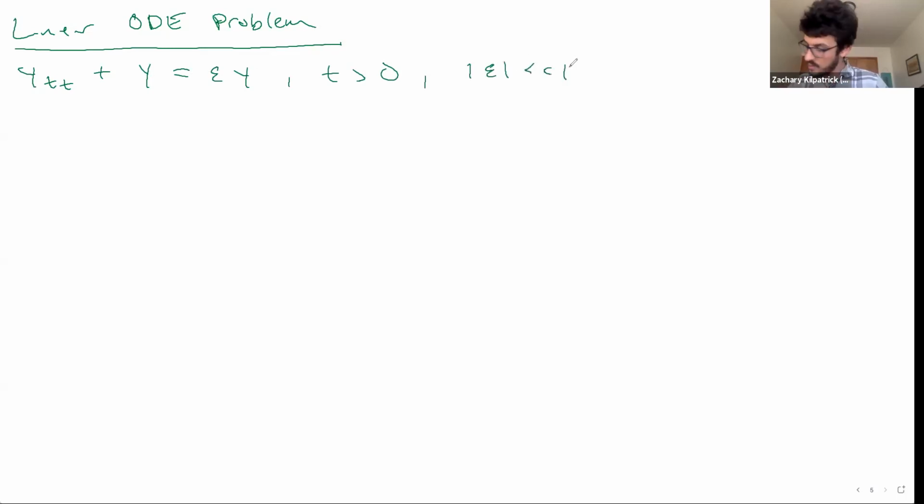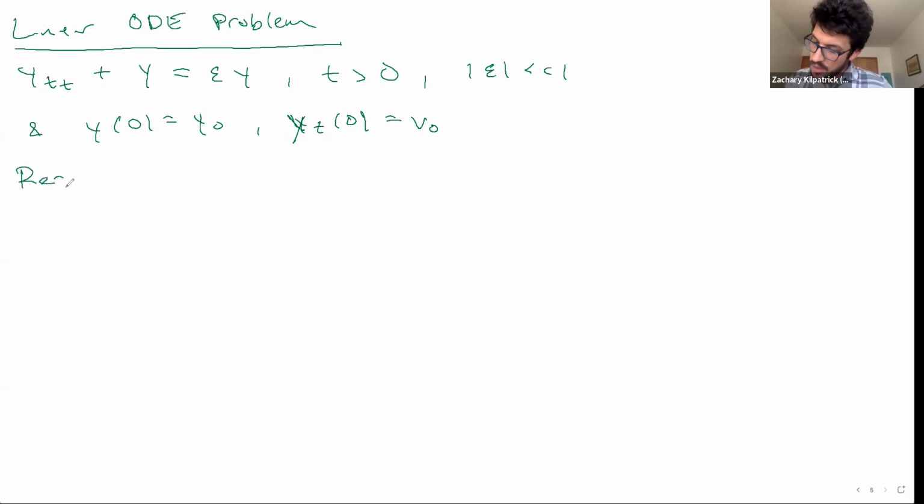Epsilon is small, okay? And some initial conditions, y of 0 equals y sub 0, y sub t of 0 is equal to v sub 0, okay?